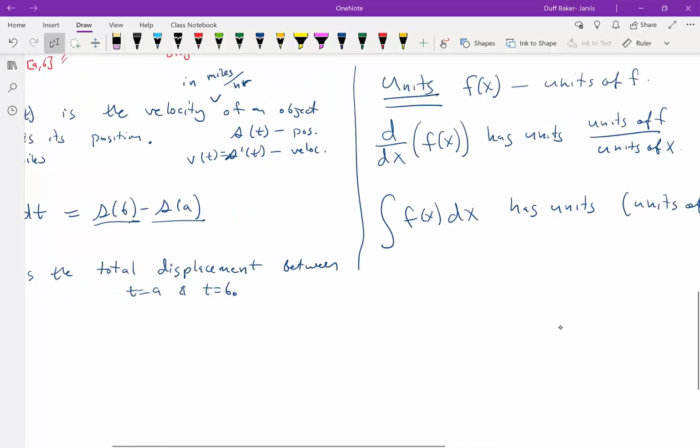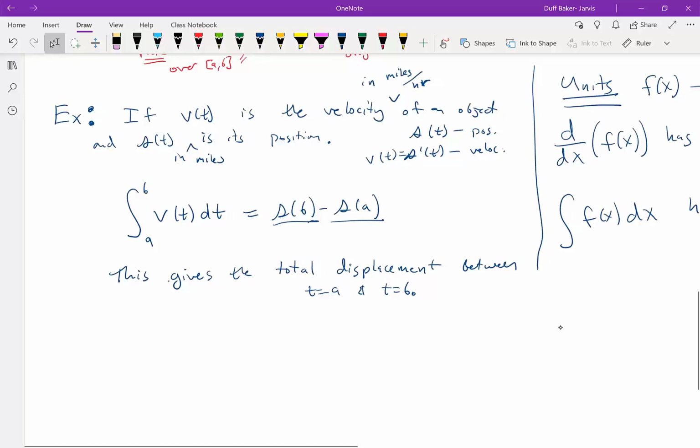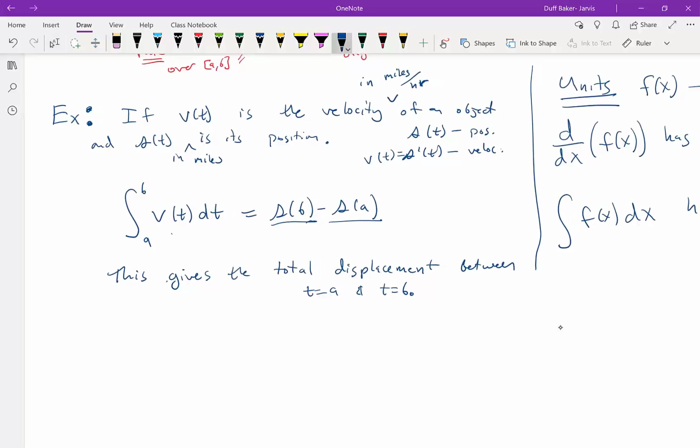V of t had distance per time, and then this side had distance per time times time, which is just distance. It's a difference of distances, but it's still a distance. So this is what we're going to call the total displacement.